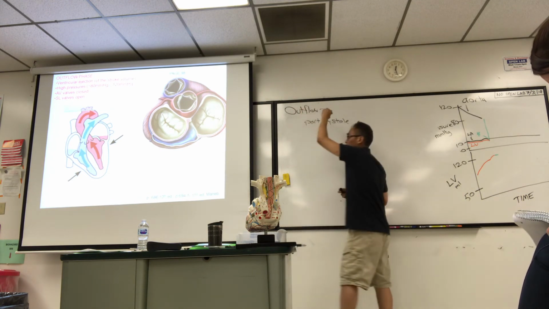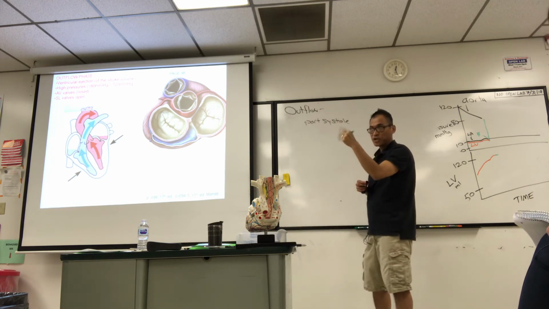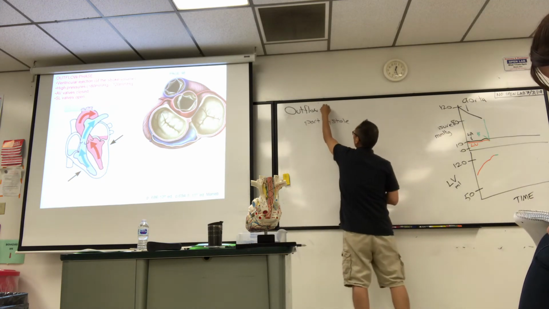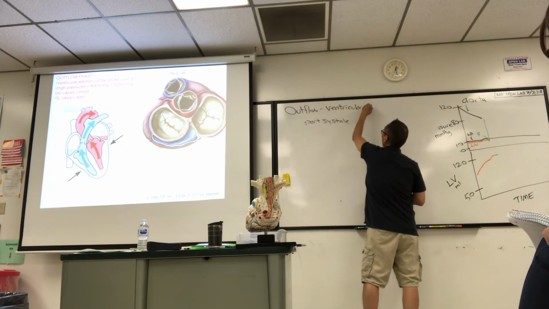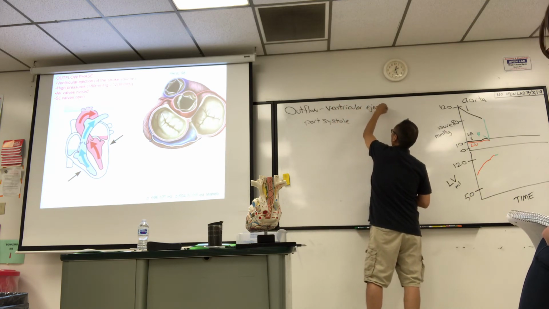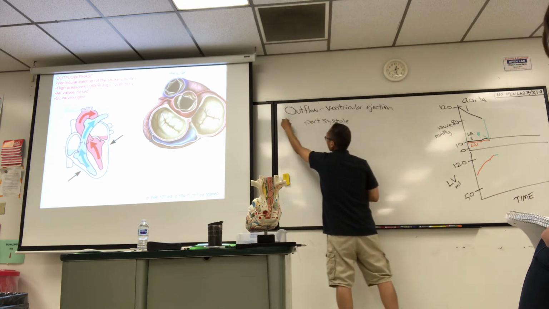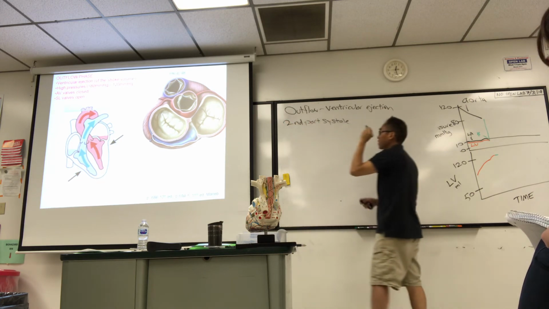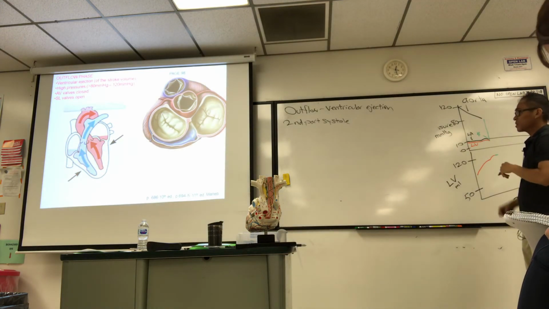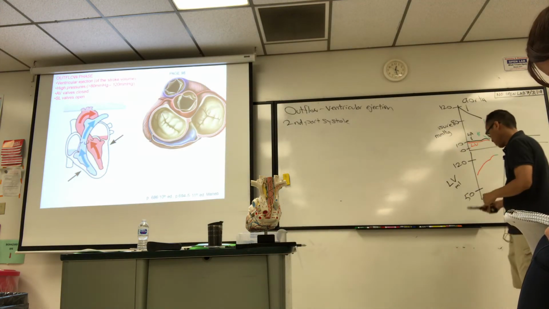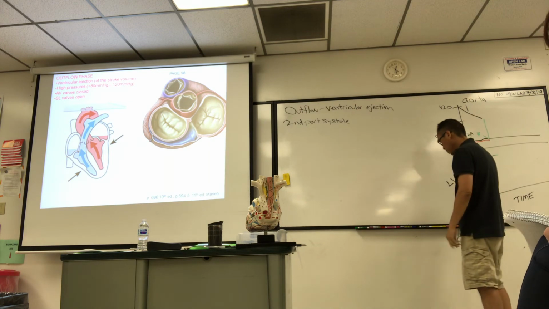I also call it ventricular ejection. You're ejecting blood from the heart. Second part, systole. Okay. So this is the big moment. The heart is doing its job. So here's how I'm going to draw.